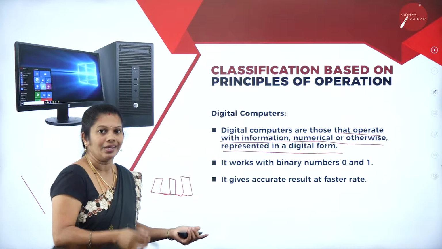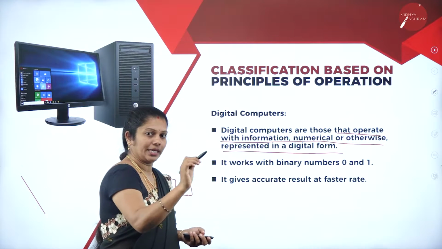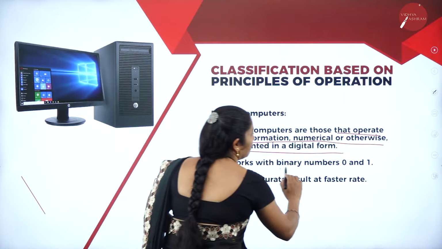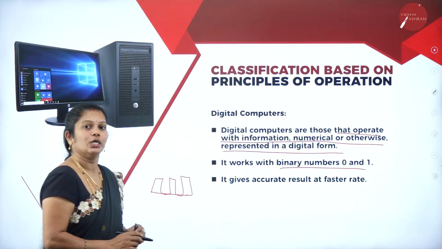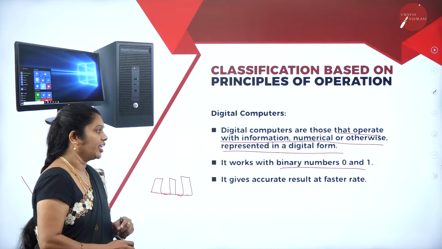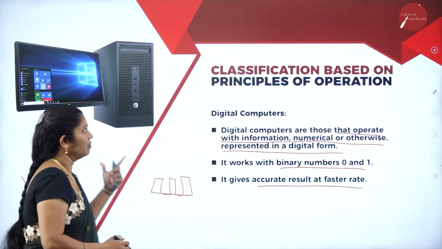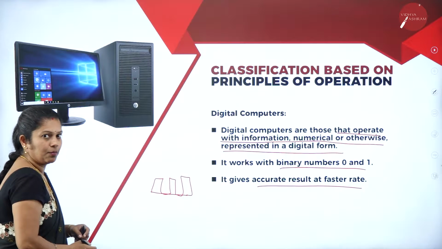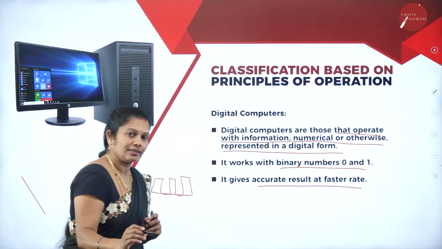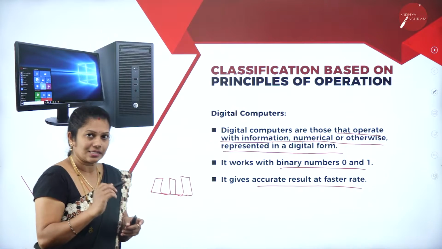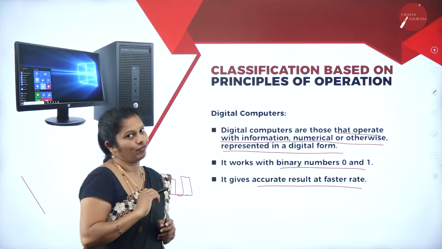Whereas in digital computer, exactly how many seconds it is now, we can identify. It works with binary numbers. It gives accurate results at a faster rate. If you observe, this is the digital computer. Exact result we can get, accurate result we are getting. And here it uses discontinuous data, especially in digital format.